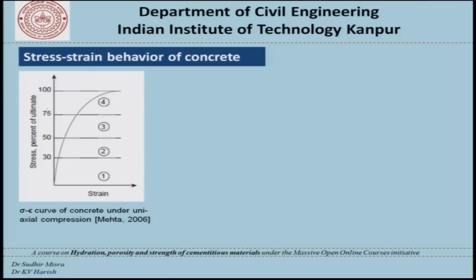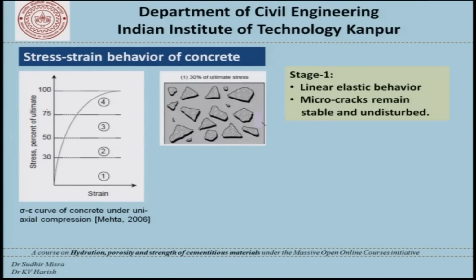Now, continuing with our discussion on the stress strain curve, stage 1, we have a load level of about 30% of the ultimate stress. We can assume, or we get more or less a linear elastic behavior as far as concrete is concerned, and that is characterized by microcracks remaining stable and undisturbed.